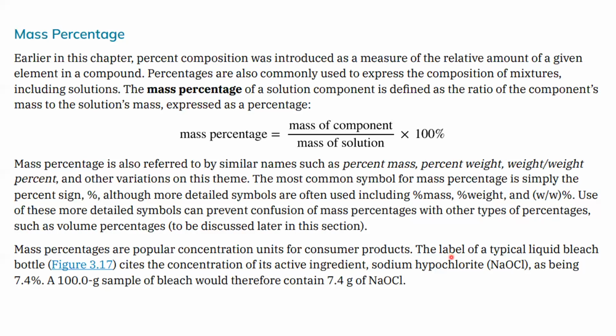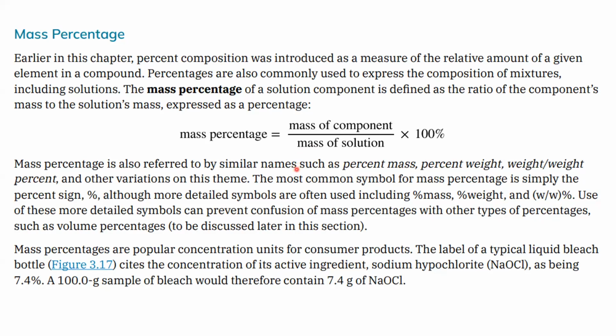All right. So looking at a couple other units we have here, one of them is going to be mass percent. And essentially what this is very similar to the percent composition that we looked at in one of the earlier sections of this chapter. But where percent composition was the mass of the element over the mass of the compound, what we're looking at now is just the mass of whatever component in that solution that we have divided by the mass of the entire solution.